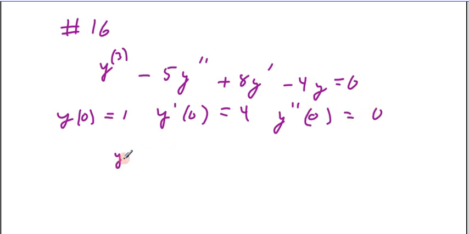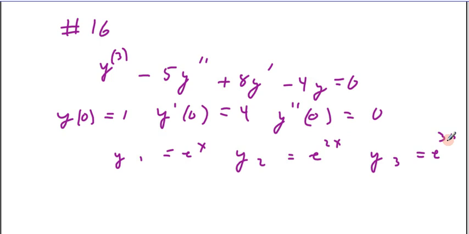I have y1 e to the x, y2... It's the same answer, same problem. e to the 2x, y3 e to the 3x. No, it isn't. x e to the 2x. Different problem.